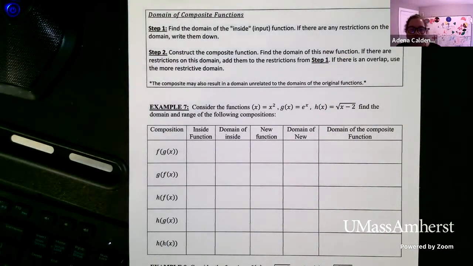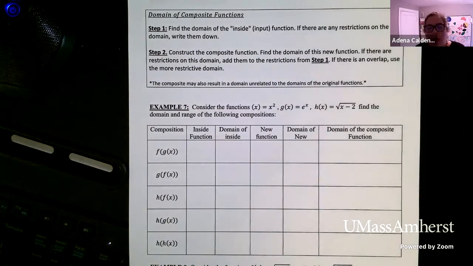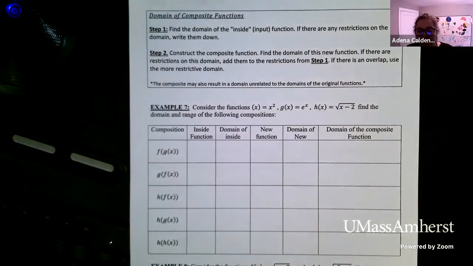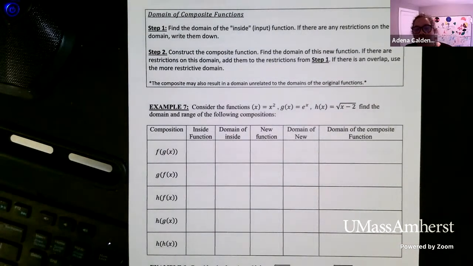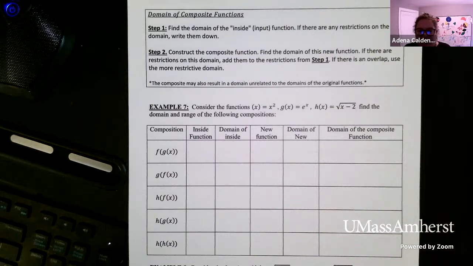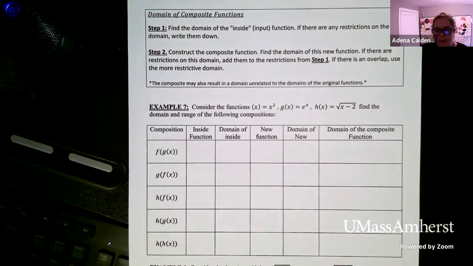Okay, so how do we do that? We find the domain of the inside function that we're plugging in, and we write down any restrictions that they might have on that function that we are plugging into the outer function. Then we're going to construct the composite function, right, by plugging it in and simplifying, and then we're going to find the domain of the new composite function.